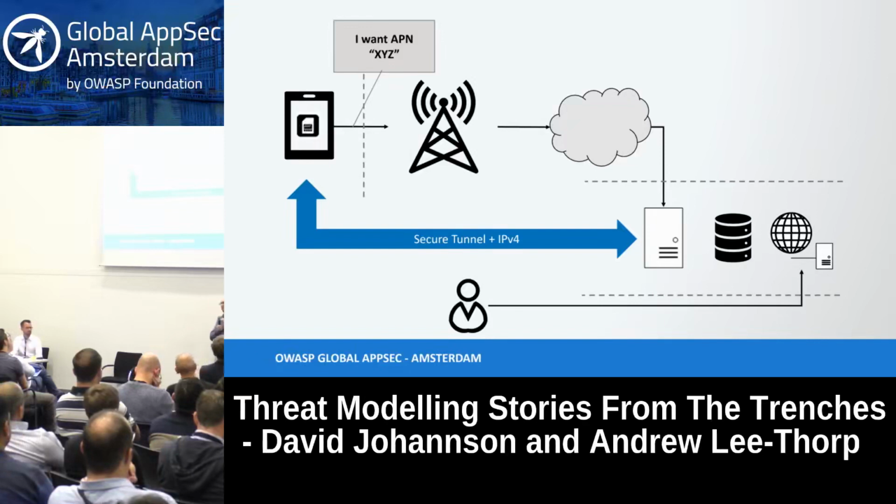When you make the connection, you say, I want this access point name, XYZ. The mobile network operator then sets up a connection to some endpoint where the hosting company receives the data. Typically that also creates some kind of secure tunnel, and these things typically use sockets, so under the hood they're using the Internet Protocol, TCP.